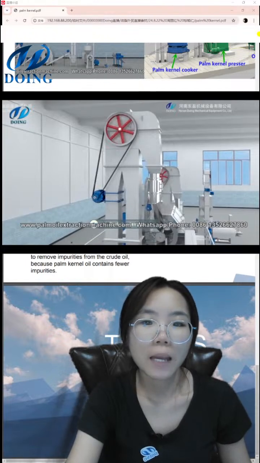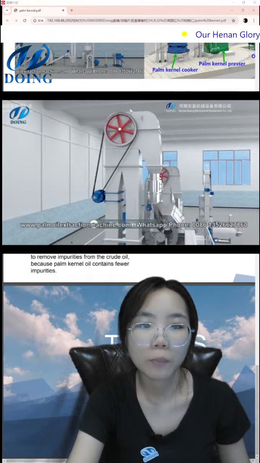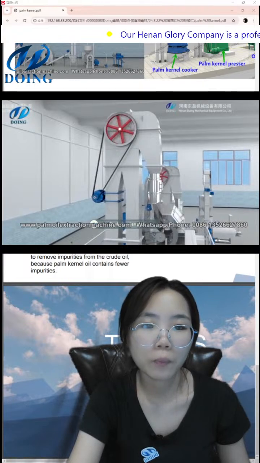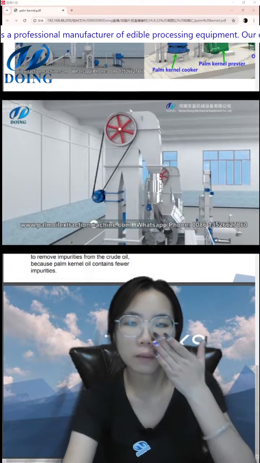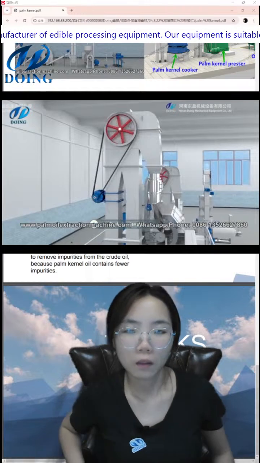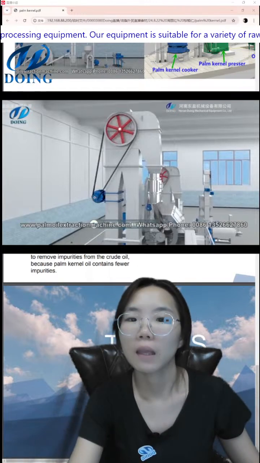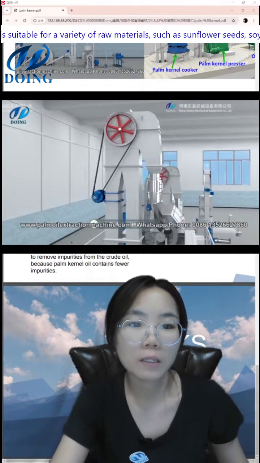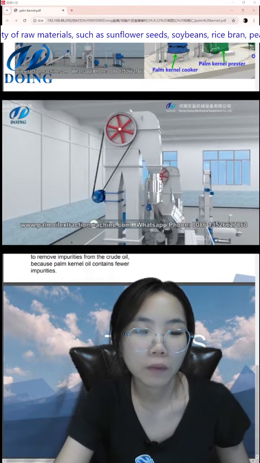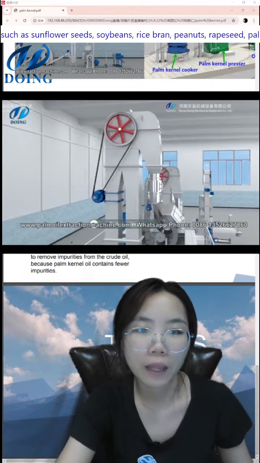The magnetic separator removes the metal impurities in the raw material, and this is to avoid damaging the machine in the next part.